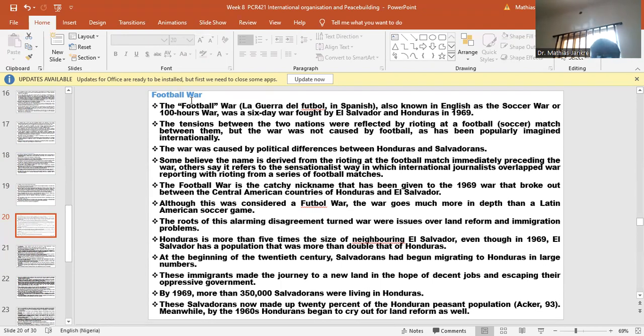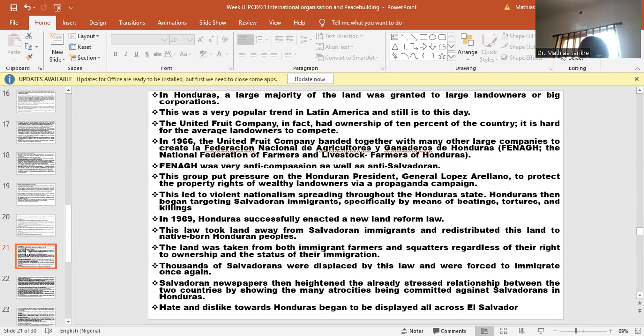Meanwhile, by the 1960s, Hondurans began to cry out for land reforms as well. In Honduras, a large majority of land was granted to large landowners or big corporations. This was a very popular trend in Latin America, and still is to this day. The United Fruit Company, in fact, had ownership of 10% of the country.